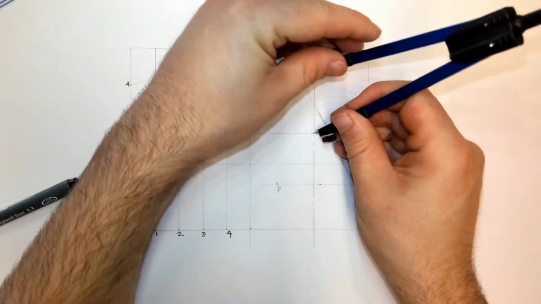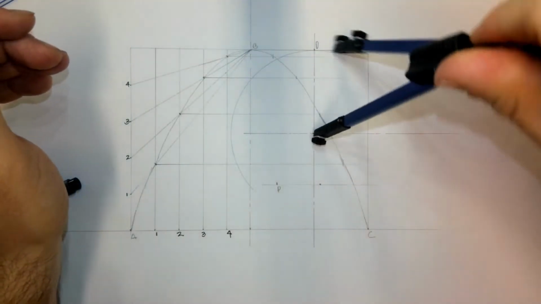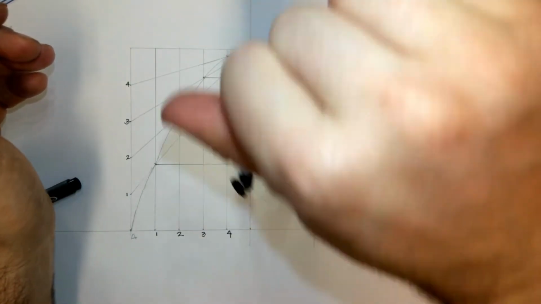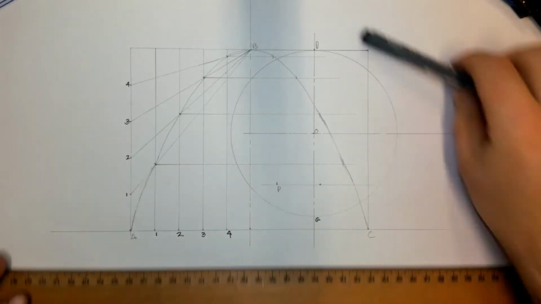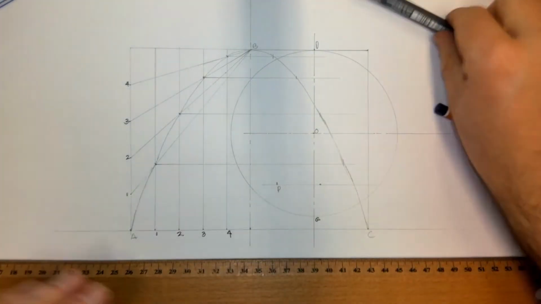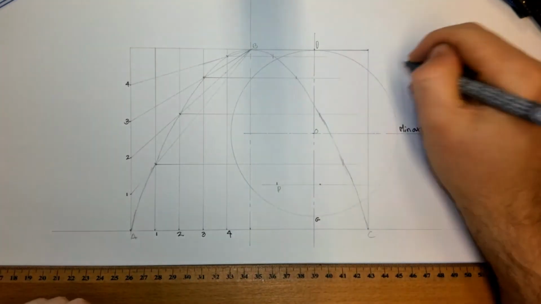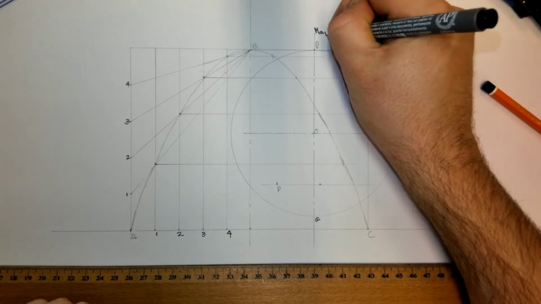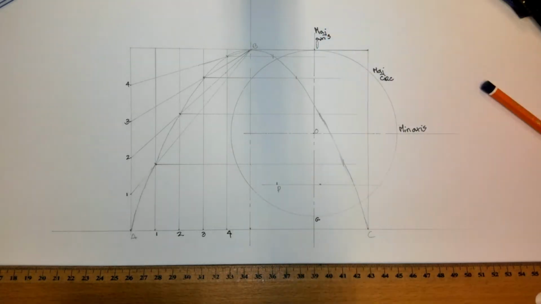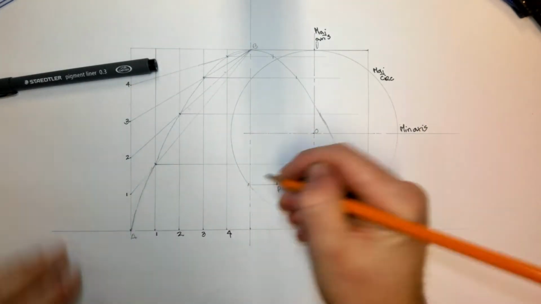Now we're going to take our compass. We're going to draw in the major diameter. That's G there. Now from point P we're going parallel to the minor axis until it hits the major circle.